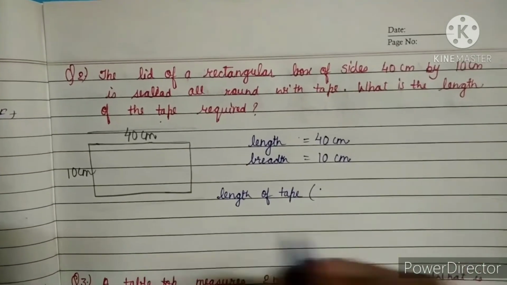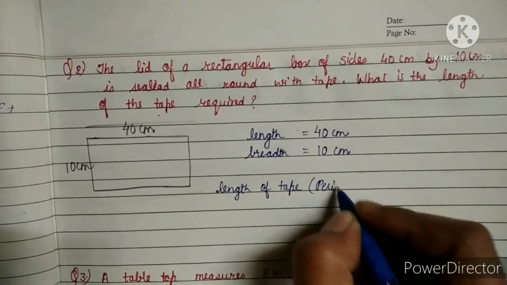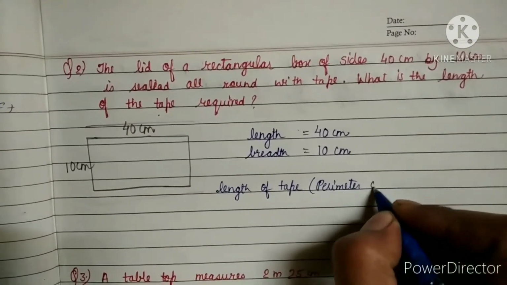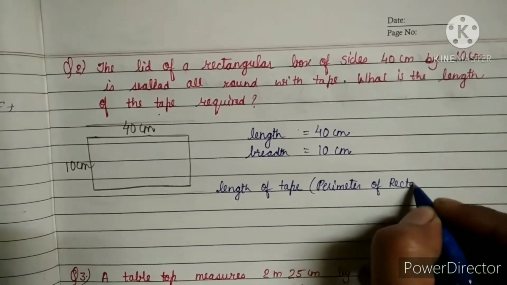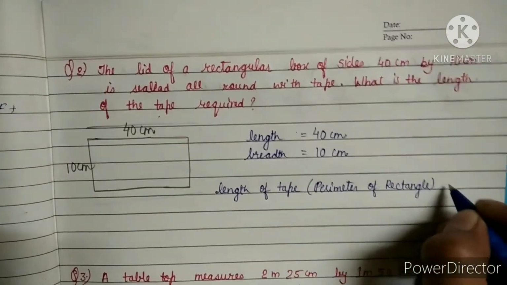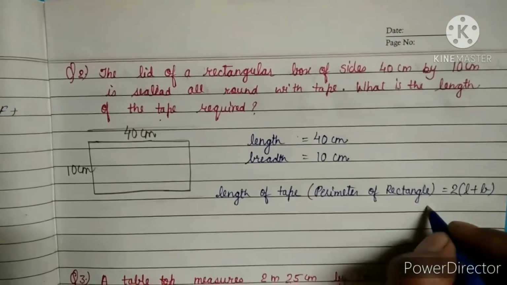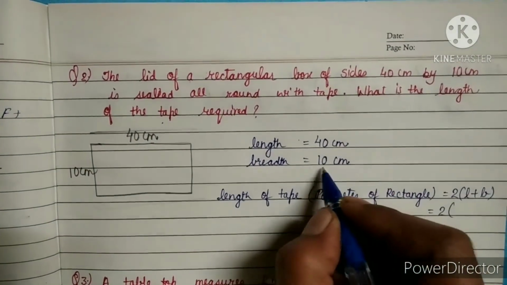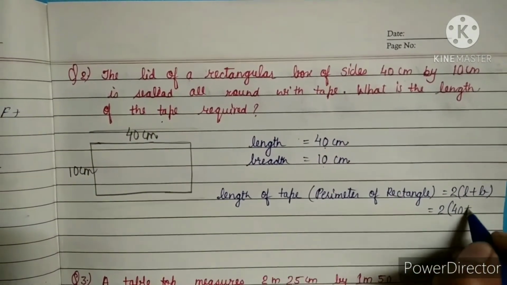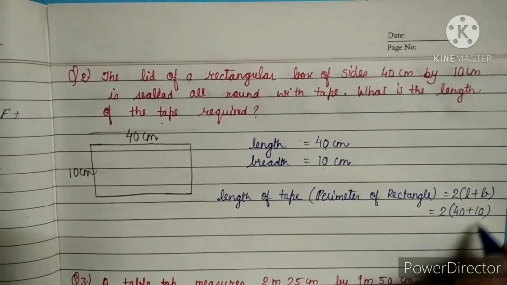can be taken from the perimeter of the rectangle, which is 2 into length plus breadth. Length is 40, breadth is 10.